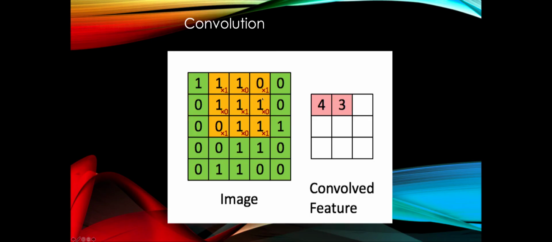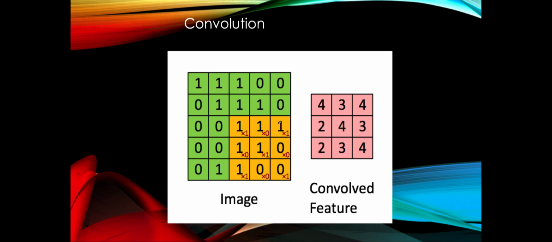So this is the kernel convolution operation explained visually. You slide the kernel from left to right and then from top to bottom, and calculate the output feature, right, as shown here. You can also see that convolution results in a smaller matrix.